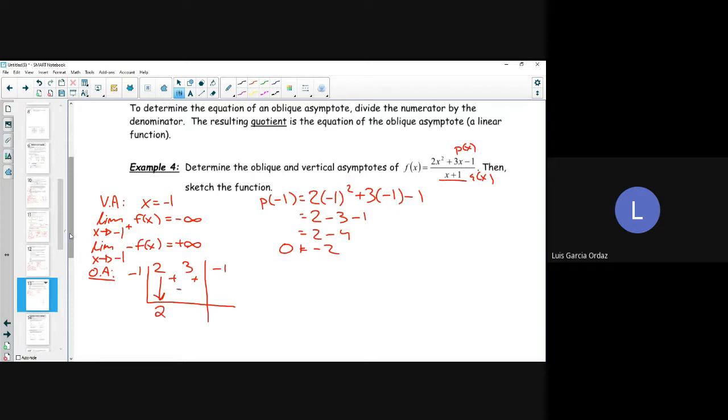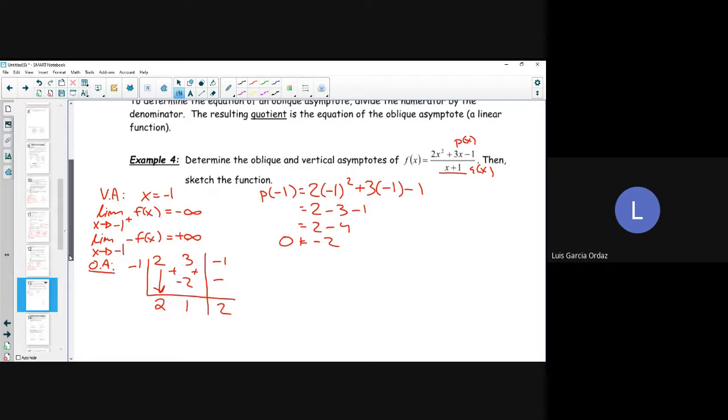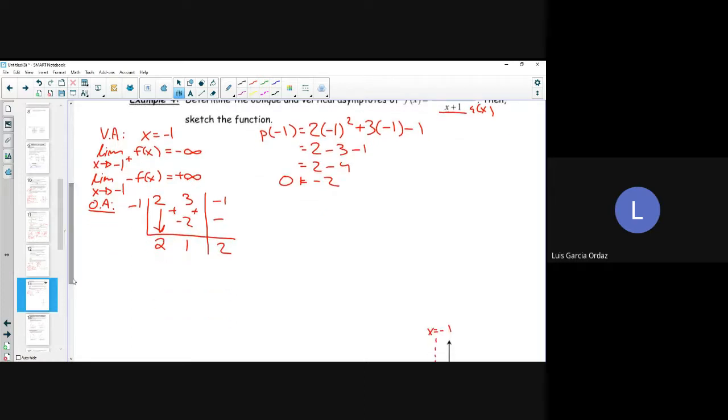But I just need to figure out what my oblique asymptote is going to be. So remember, when we do synthetic division, we drop the degree by 1 each time. So my oblique asymptote is going to be y is equal to 2x plus 1.